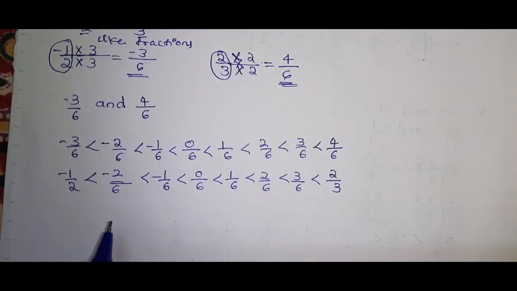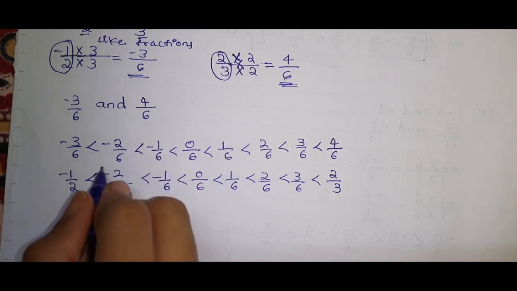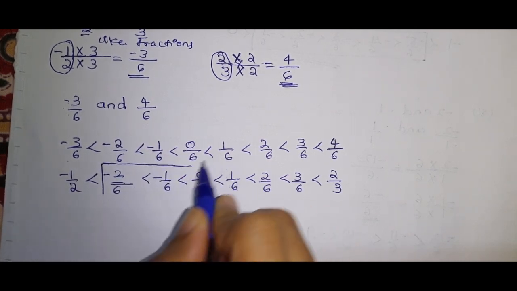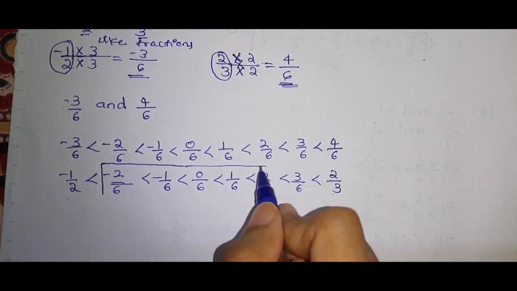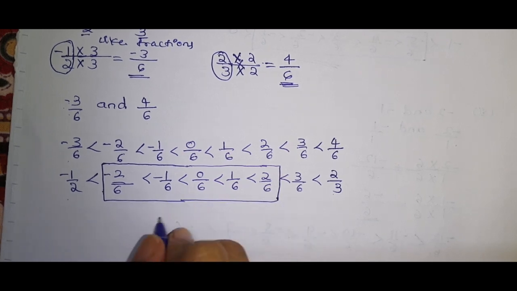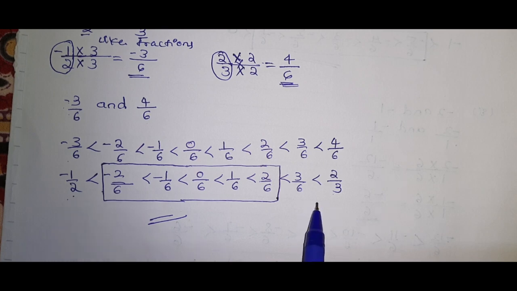Let me count how many rational numbers we got between minus 1 by 2 and 2 divided by 3: 1, 2, 3, 4, 5, 6. We got 6 rational numbers, but they told us to list only 5 rational numbers between minus 1 by 2 and 2 by 3. So, let me take the first 5 rational numbers. These are the 5 rational numbers between minus 1 by 2 and 2 by 3.